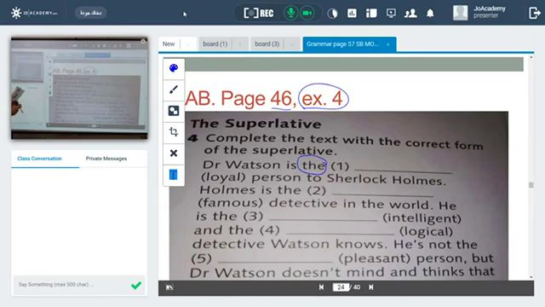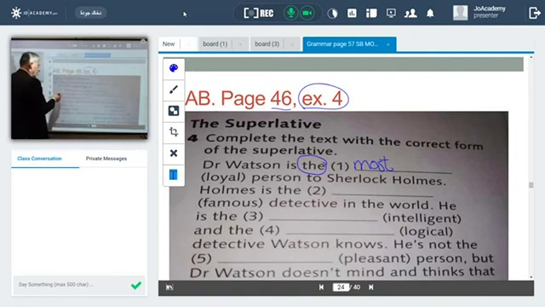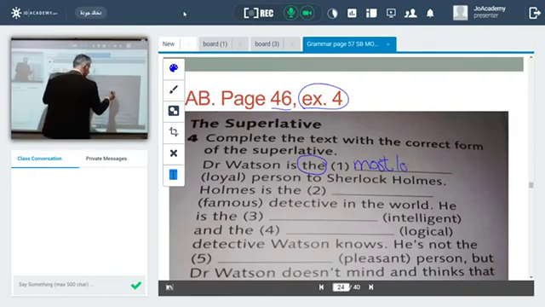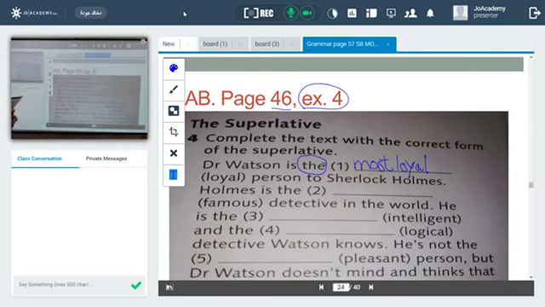Dr. Watson is the most. Of course, here we'll use the most. Why we use the most? Loyal. The most loyal. It is a two-syllable adjective. That's why we use the most loyal. The most loyal person to Sherlock Holmes.